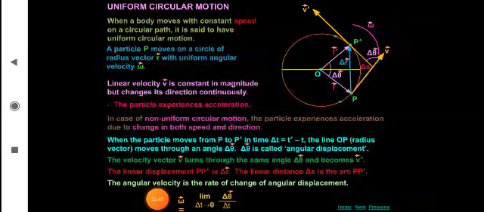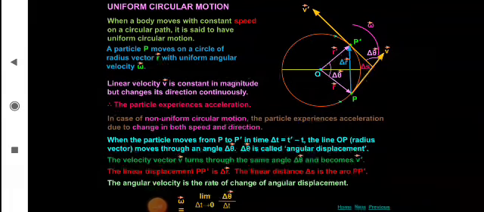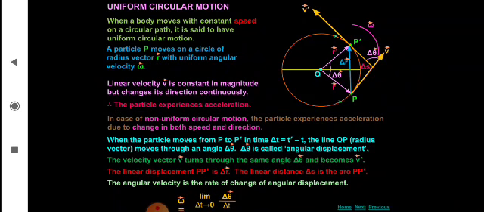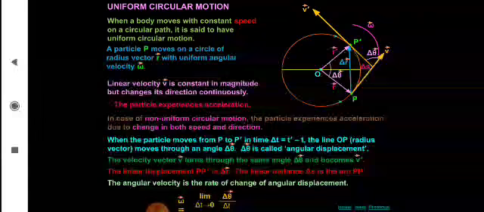Now let us study about uniform circular motion. When a particle moves with a constant speed on a circular path, it is said to have uniform circular motion. If the object is moving with a constant speed in a circular direction, then it is said to be in circular motion.